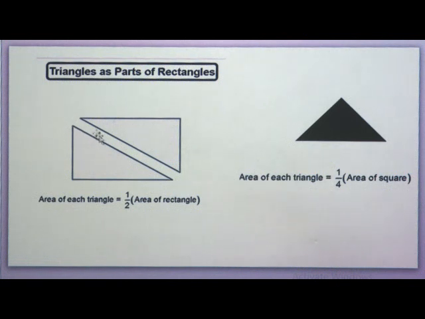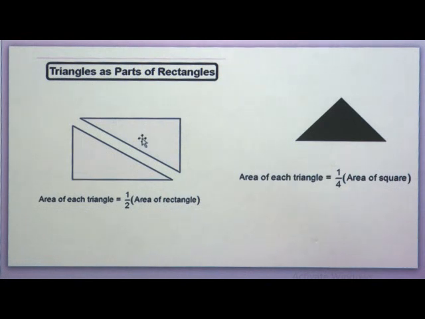Now, when we draw one diagonal through this rectangle and cut it along the diagonal, we get two triangles which are very similar to each other.